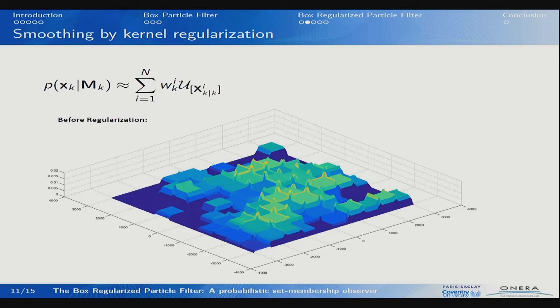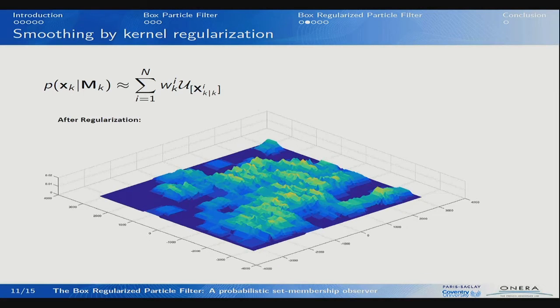And before regularization, we have something, as I said, very organized. You can see that you have some peaks, some higher points. So the estimate will be around the higher points. That means that the real state might be around those points, but it is quite rough. It is quite jagged. And if we apply regularization, we get something like this.